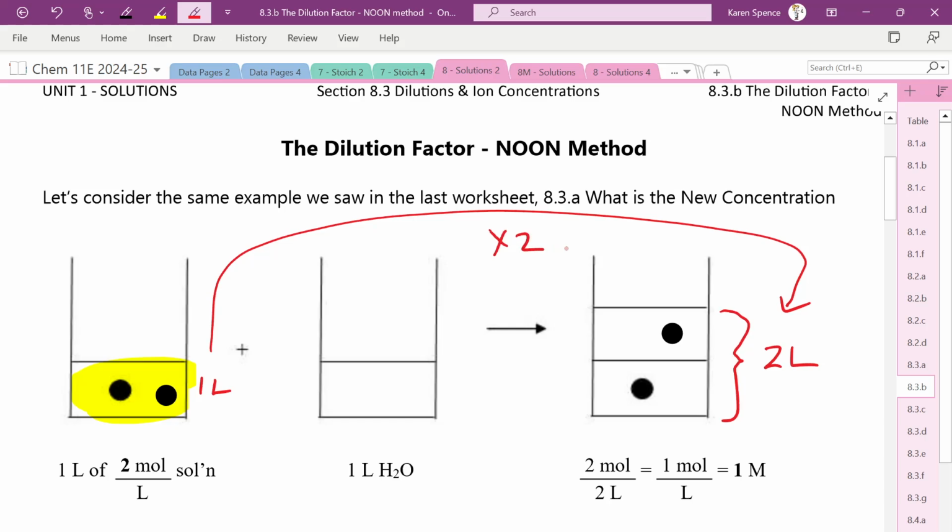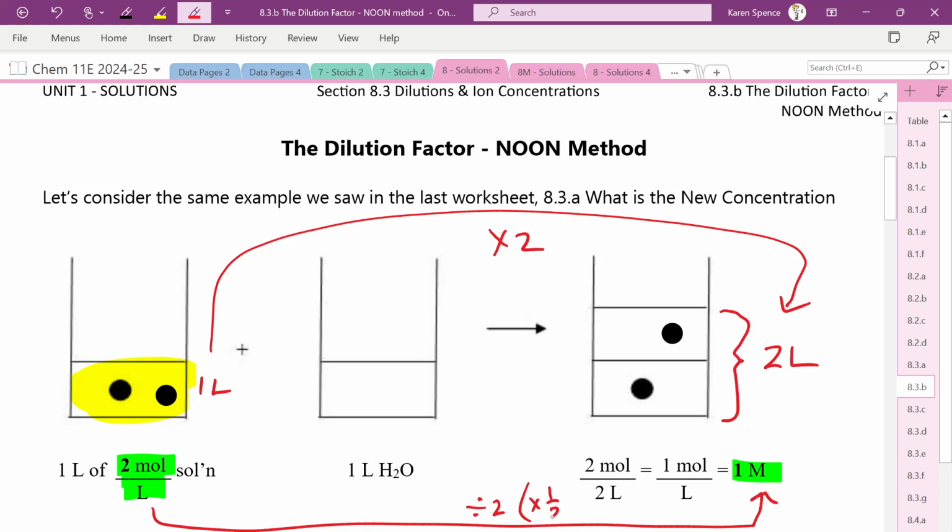Our concentration went from 2 molar to 1 molar. What happened to our concentration? Divided by 2, or times a half.